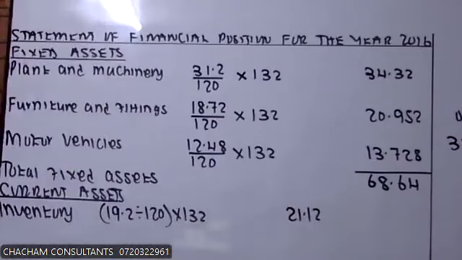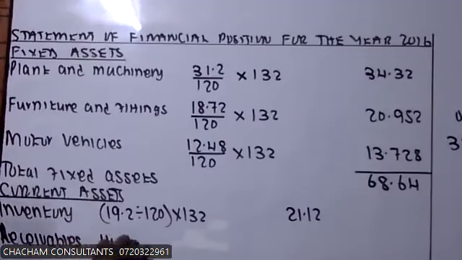21.12. Let's go to accounts receivables, or let me just call them receivables. Receivables is 14.4.